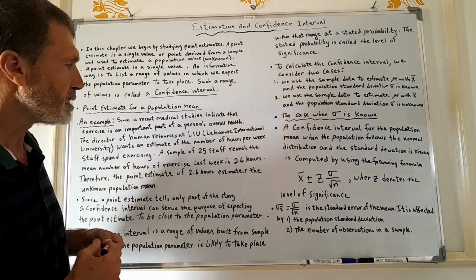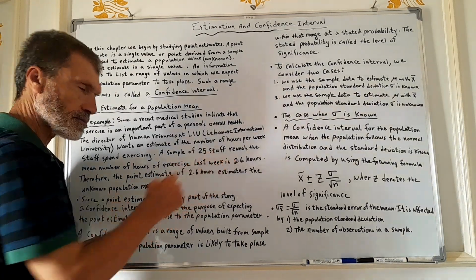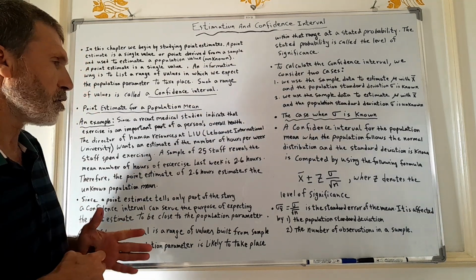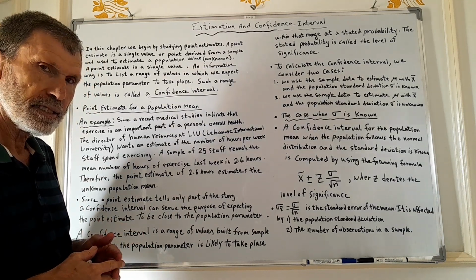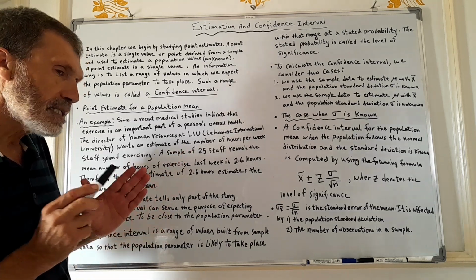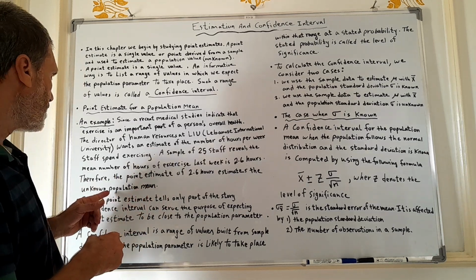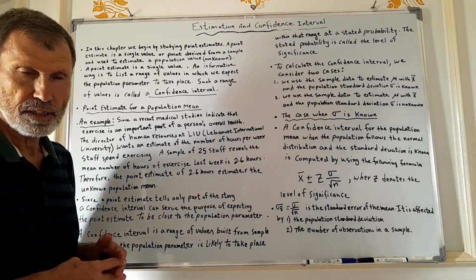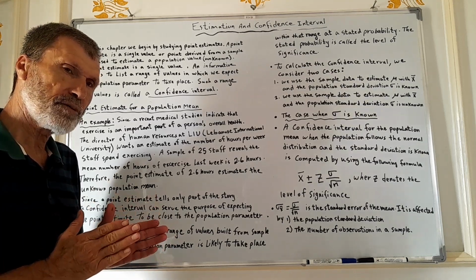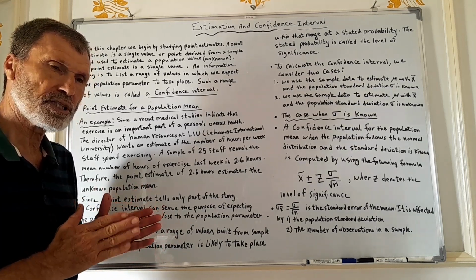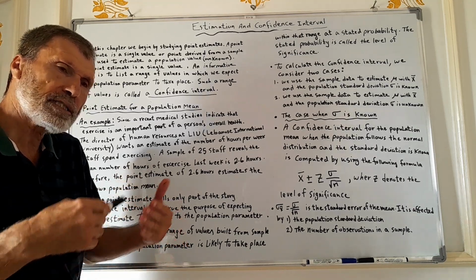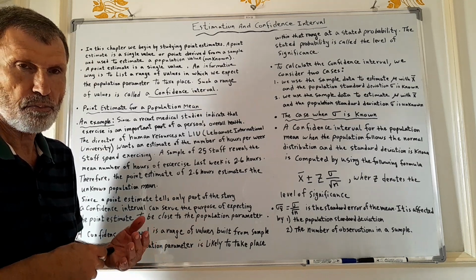So that 2.6 hours, the mean number of hours of exercise of that sample of 25 staff, estimates the unknown population mean. As I said, the population mean or the population standard deviation or the population proportion is unknown, and we would like to estimate that unknown parameter.